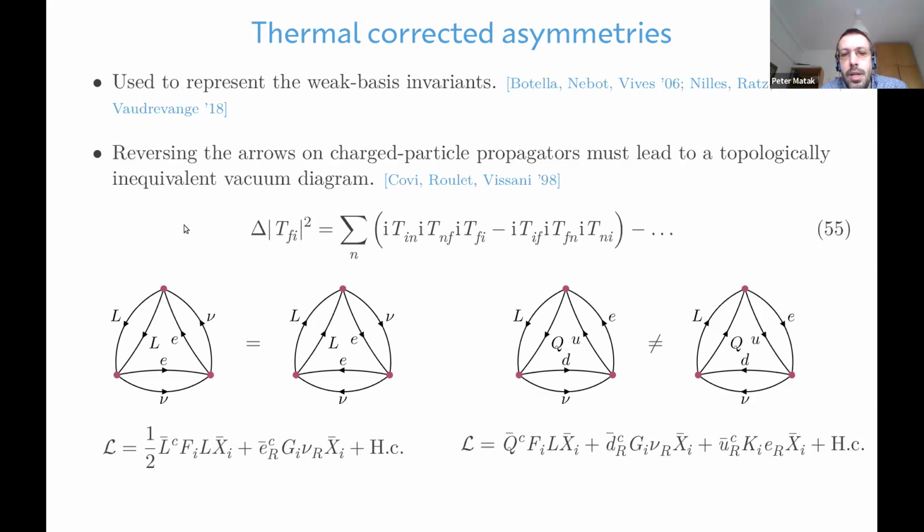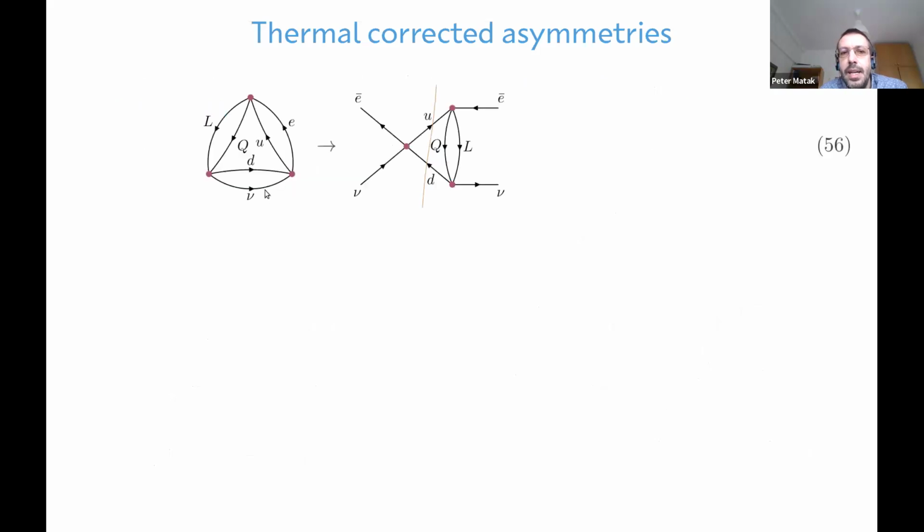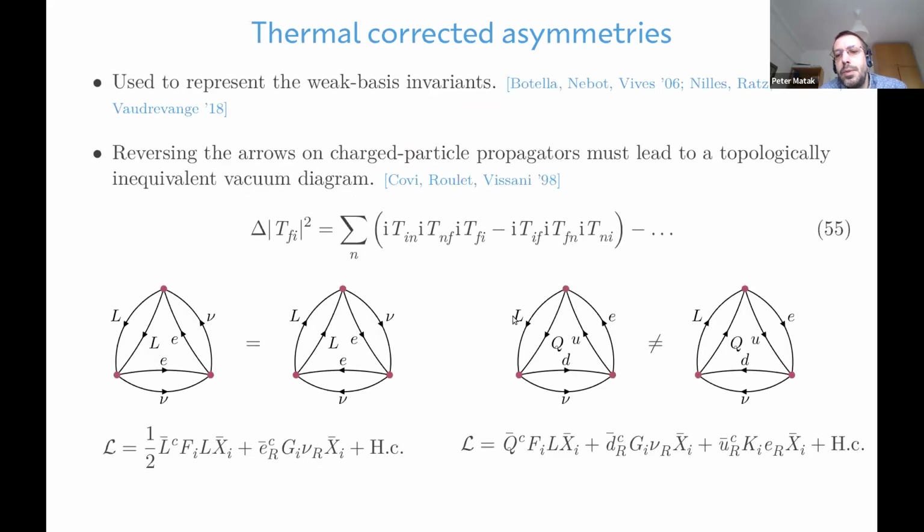So the reason why the asymmetry was not generated in this case was that these two diagrams are the same. Here they are not. Okay, usually at the beginning I was cutting the diagram by cutting the sides of the triangles.